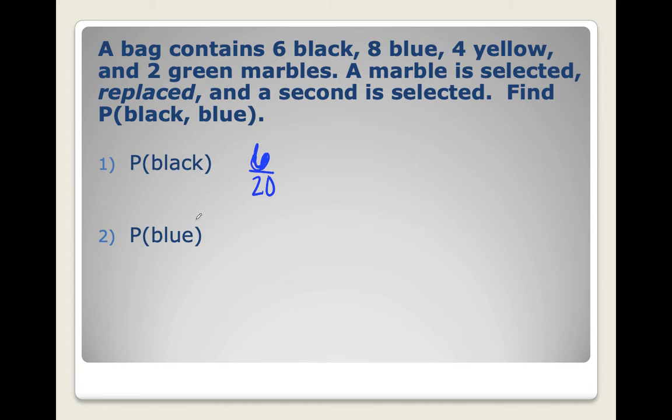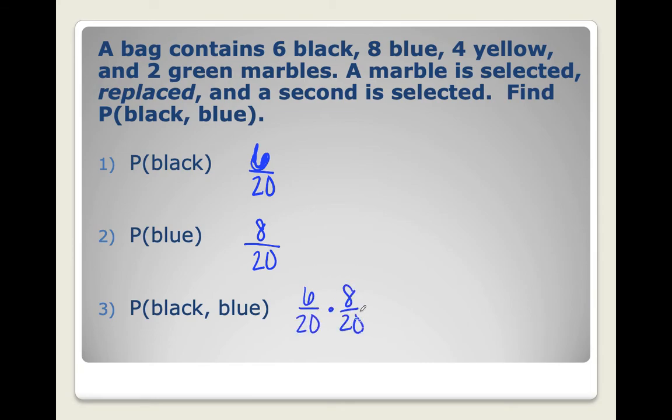Second, if I put the first marble back in the bag and select again, the probability of selecting a blue marble the second time is 8 out of 20. To find the probability of doing one and then the other, I will multiply those two probabilities together. 6 out of 20 times 8 out of 20, which is 48 out of 400.